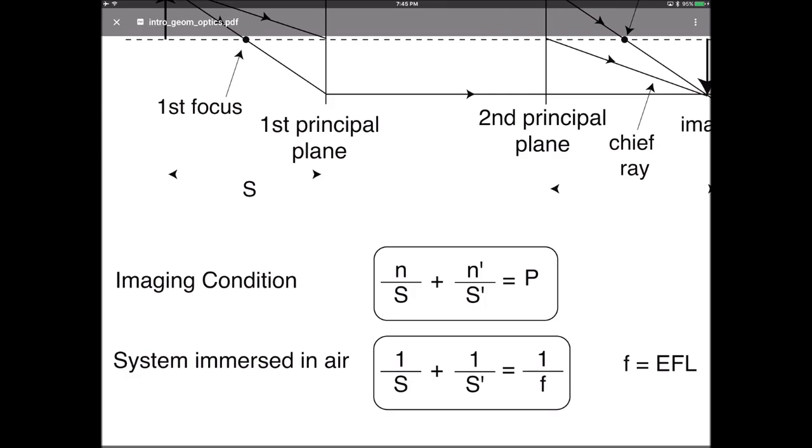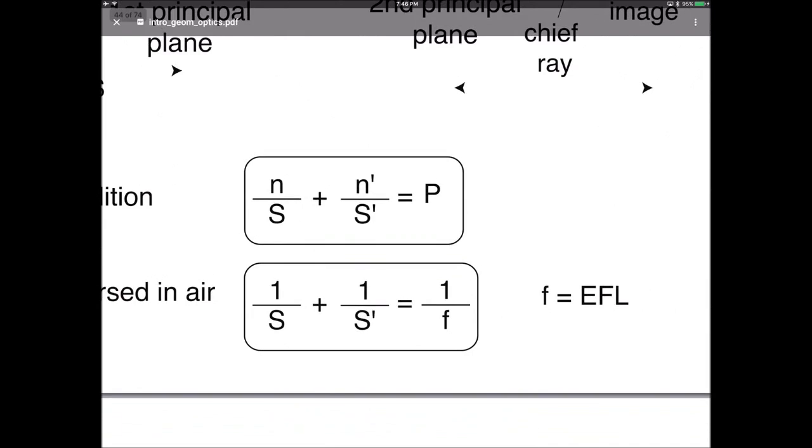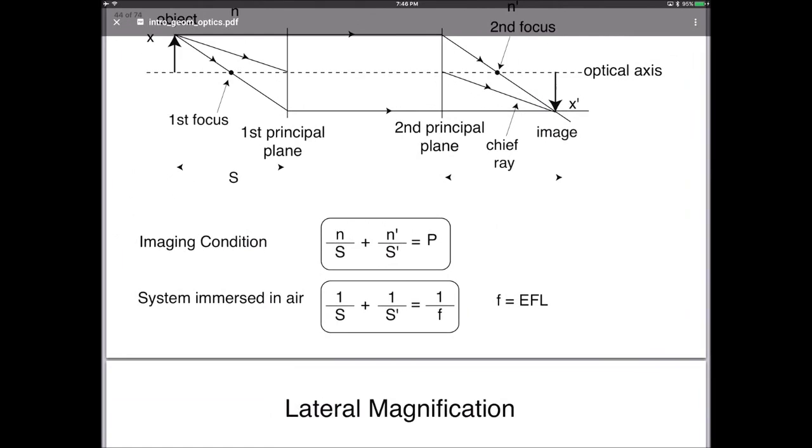And if we consider a case where everything is air, we can replace n and n prime by 1. If you remember your high school physics, 1 over s plus 1 over s prime, 1 over object distance plus 1 over image distance, equals 1 over f. That's the formula for the lens imaging condition that we had learned in high school.